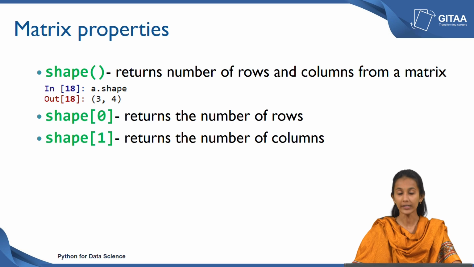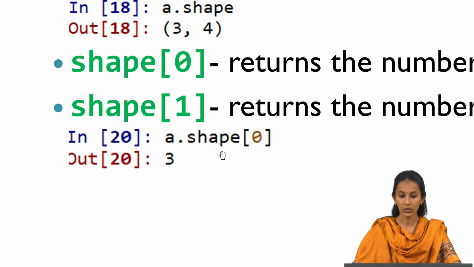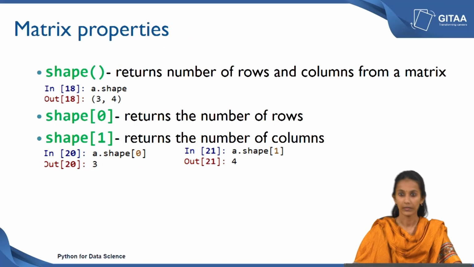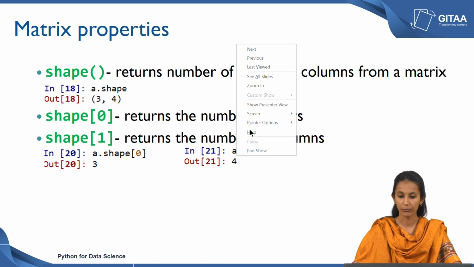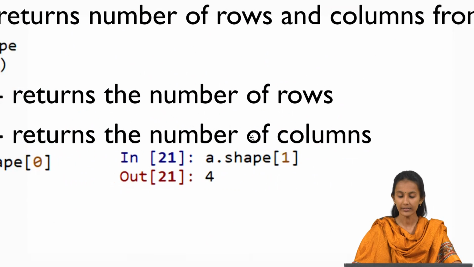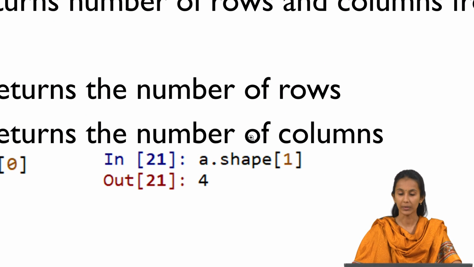So A.shape[0] returns the number of rows. In our case we have 3 rows. Similarly, if you want to extract the number of columns, then you can use A.shape[1]. In our case it returns the value 4, which means there are 4 columns in the matrix.